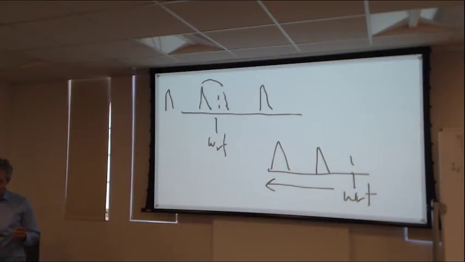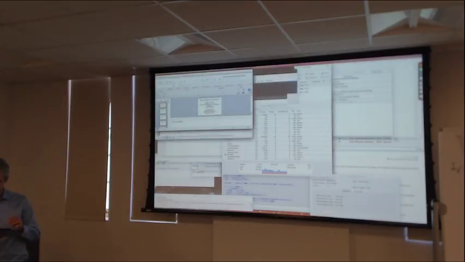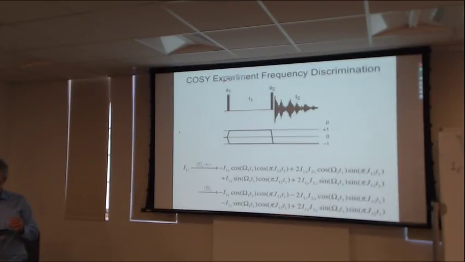And the question is how to get around the problem when we are doing this indirect evolution, this T1 period. Is that a question? So what the idea is going to be now is here.